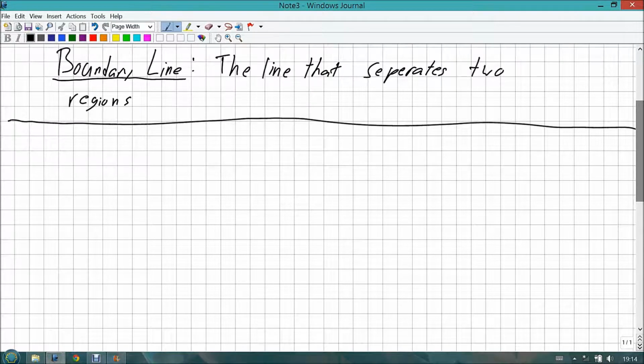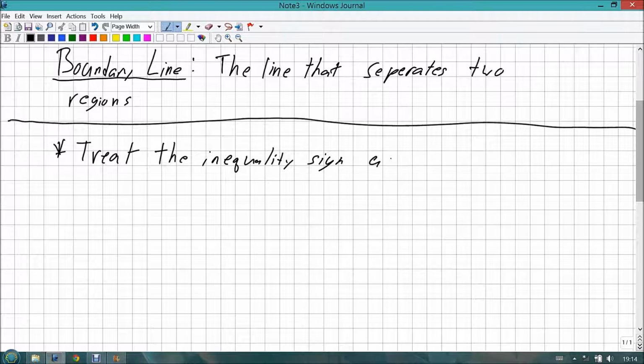Now, I know this will be really confusing at the start, but here's a cool trick. Treat the inequality sign as if it was an equal sign.